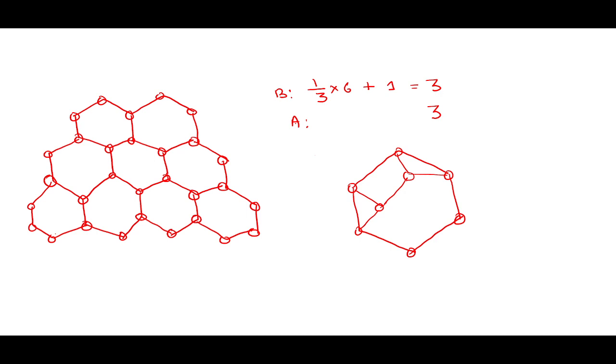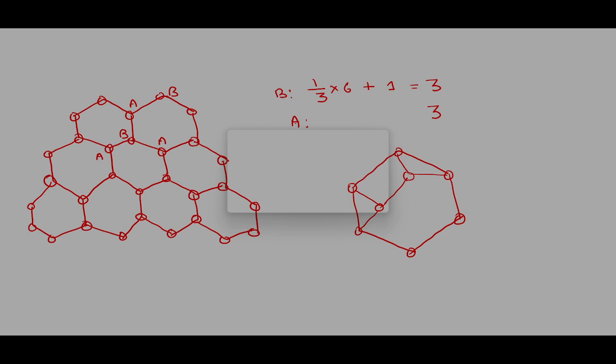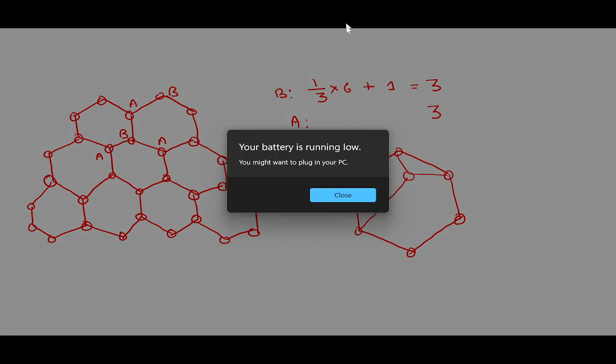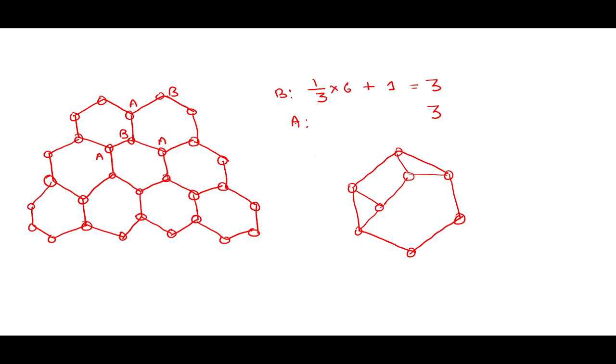We know this is a structure, but never cared about this thing. Okay, so what are you saying, Sejal? This is A, this is B, this is A, this is A, this is B. Oh, my battery is low. Okay. So Sejal, can you please tell me what you are saying?